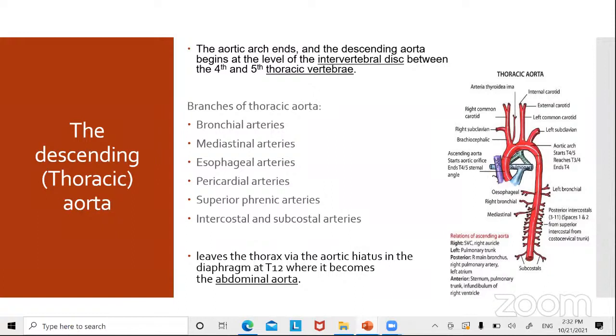Its lowest pair of branches are the superior phrenic artery, which supply the diaphragm, and the intercostal and subcostal arteries. It leaves the thorax through the aortic hiatus in the diaphragm at the level of T12, where it becomes the abdominal aorta.